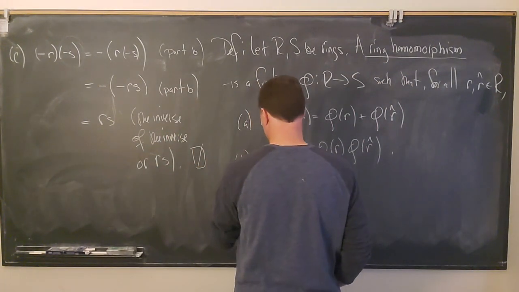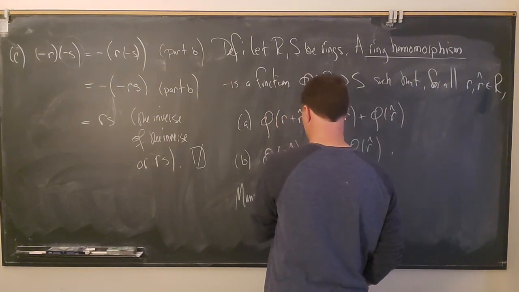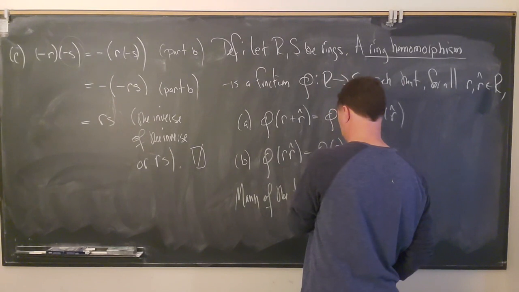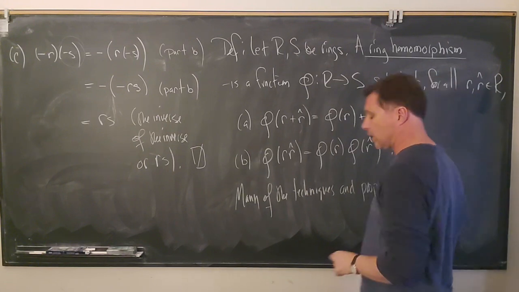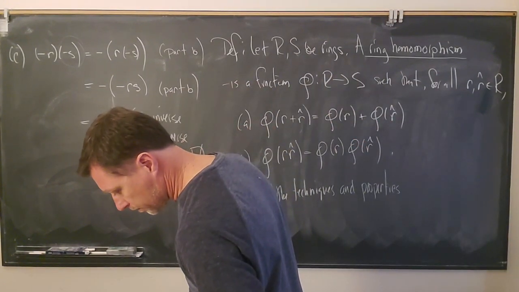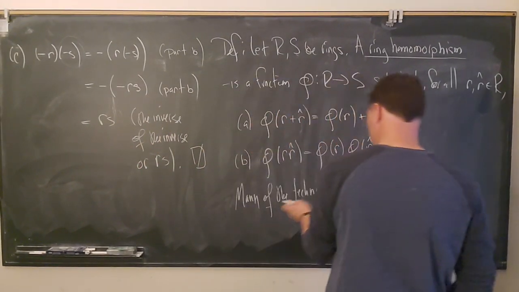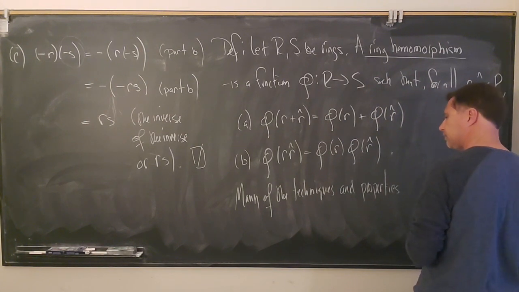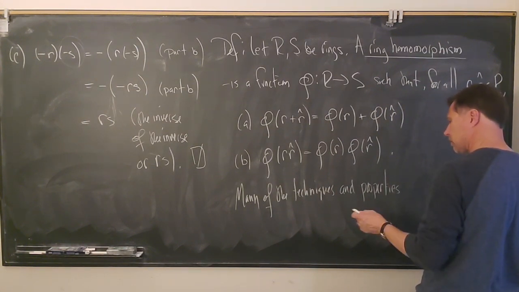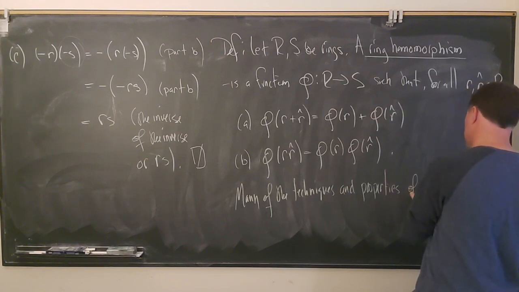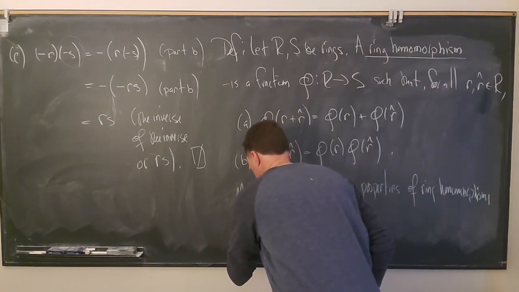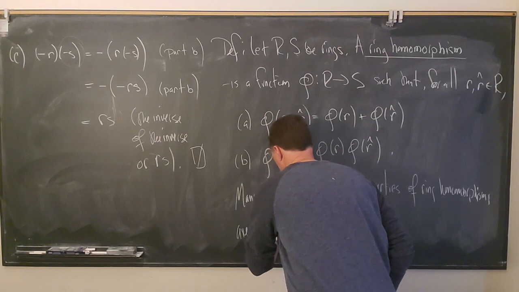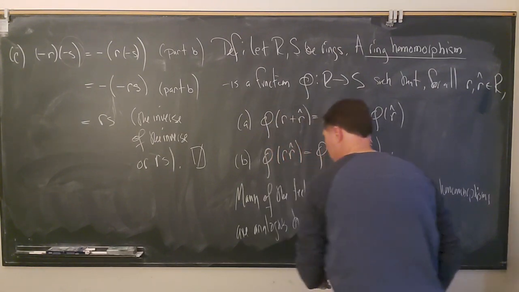So let's say many of the techniques and properties of group homomorphisms, well, properties of ring homomorphisms are analogous to those of group homomorphisms.